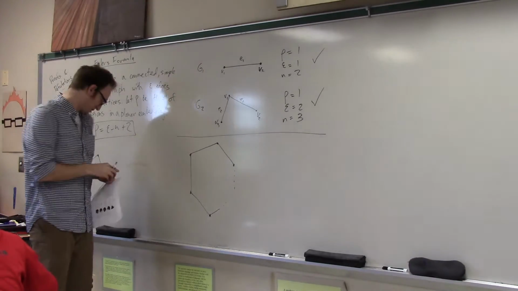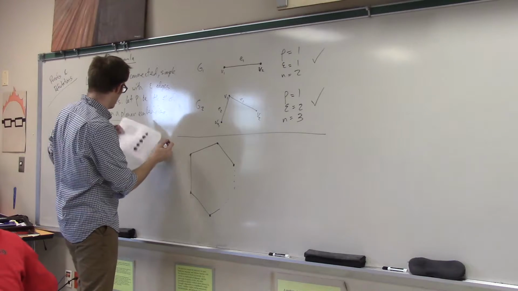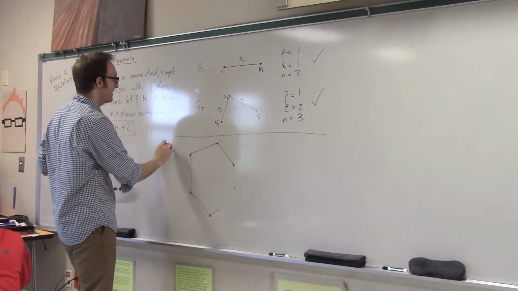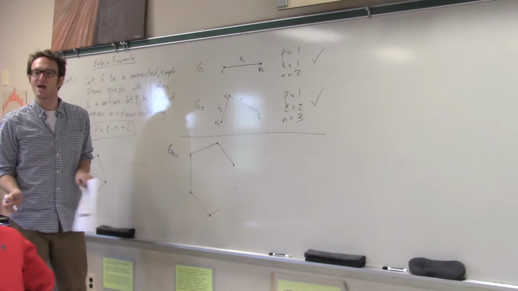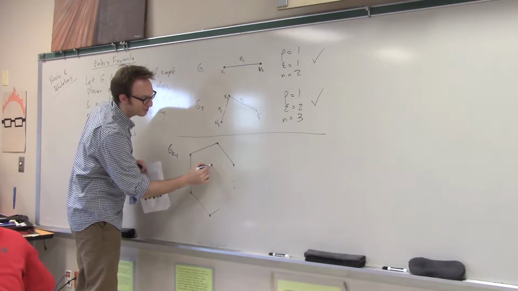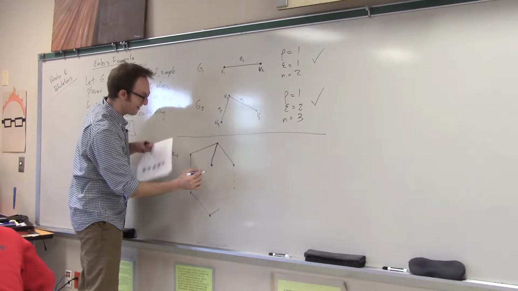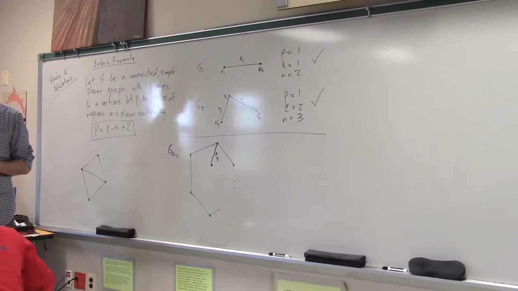If I introduce a new vertex, in purple, I will draw, so this is supposed to be a picture of G_{k-1}, and now I'm about to make the graph G_k. How do I make the graph G_k? By introducing a vertex which attaches to the existing infrastructure.